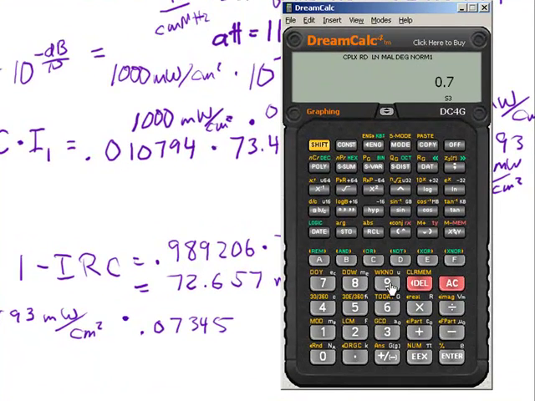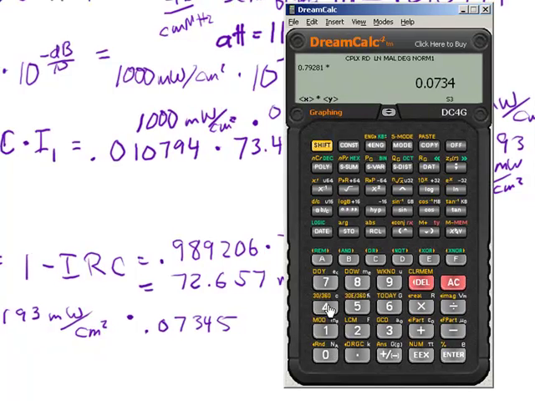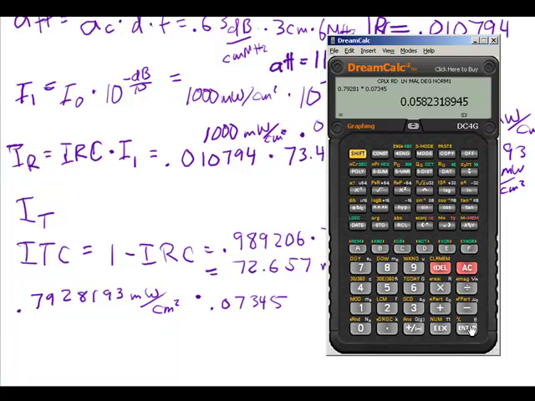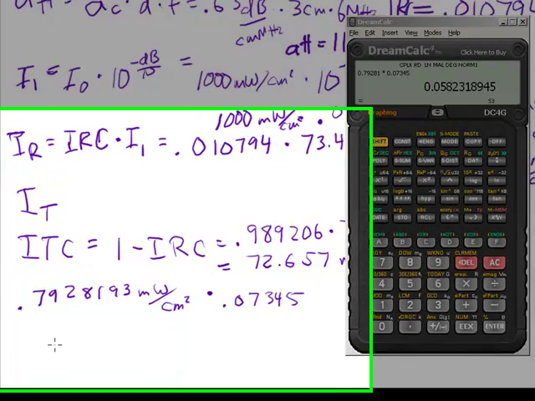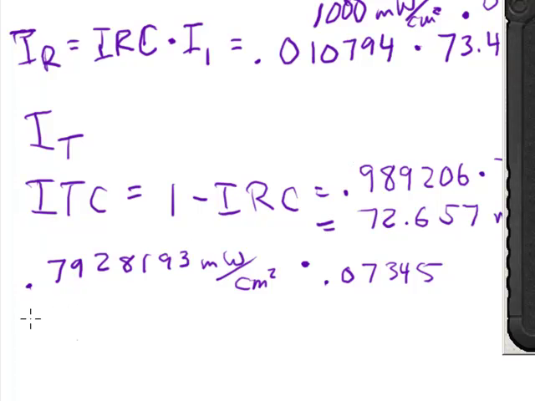0.79281 times 0.07345. Enter. Okay, and so that comes out to be equal to 0.0582 milliwatts per square centimeter.